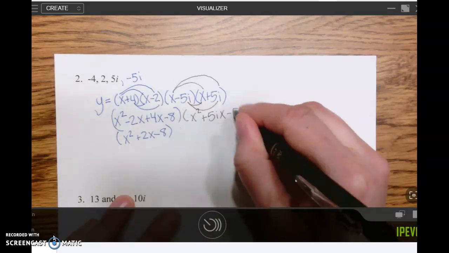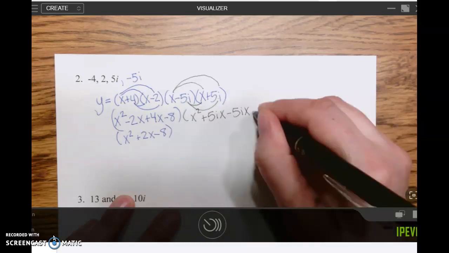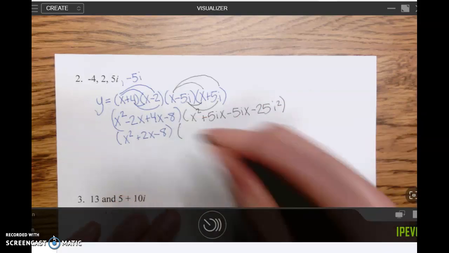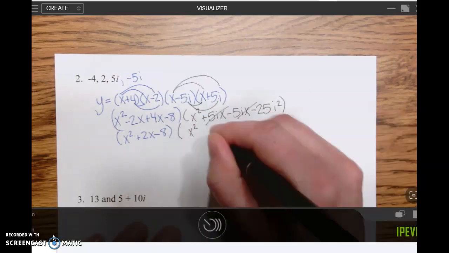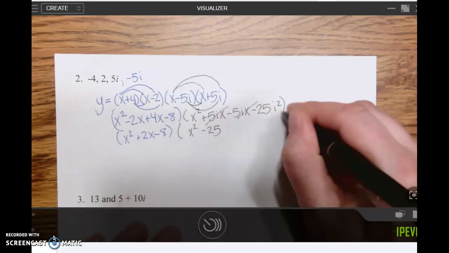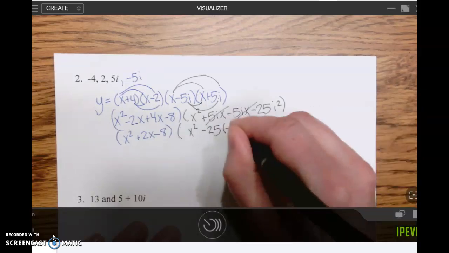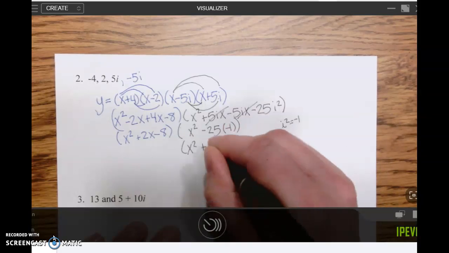And then you have a negative 5ix. And then a negative 5i times a positive 5i is a negative 25i squared. And again, the middle terms do cancel. And so we're left with x squared minus 25 times i squared. But remember, i squared is a negative 1. And so this is really just x squared plus 25.